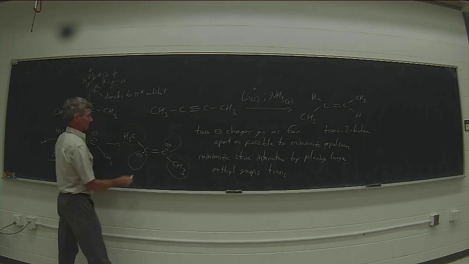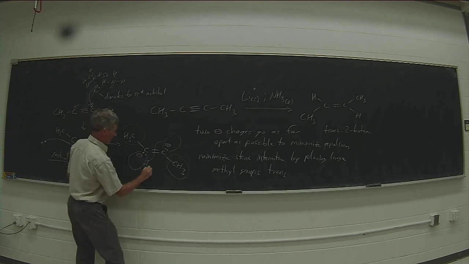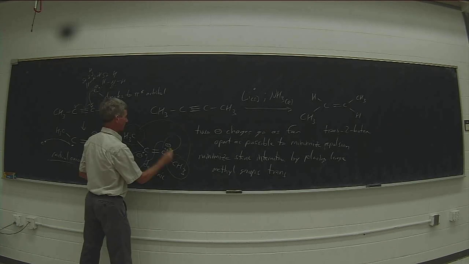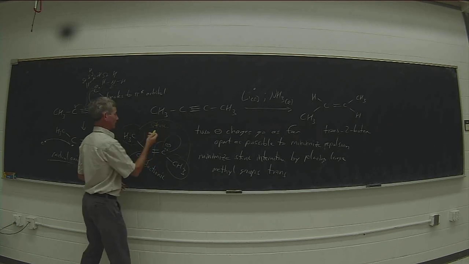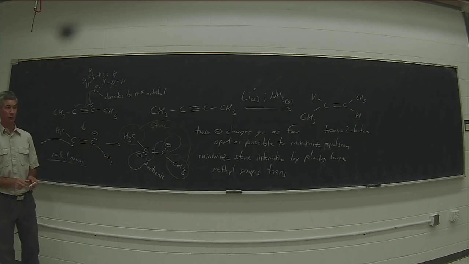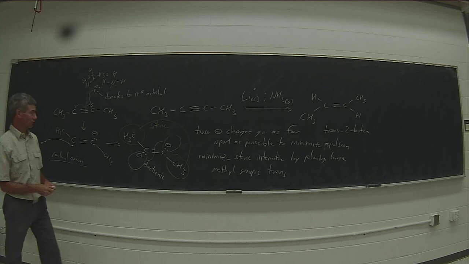So we've got a combined electronic effect and a steric effect, which both tell us that the trans isomer is going to be the one that's produced.